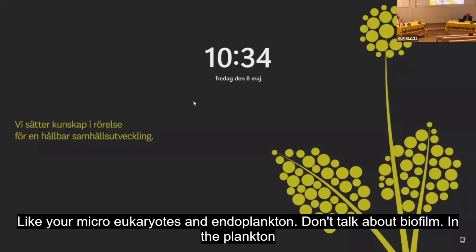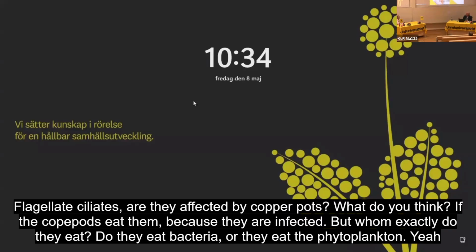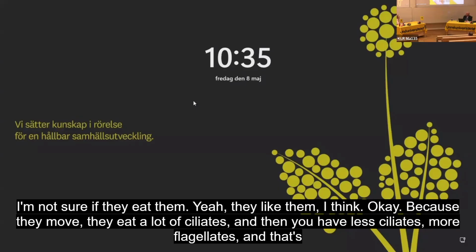In the plankton: bacteria, protists, flagellates, ciliates, are they affected by copepods? Well, what do you think? If the copepods eat them, of course they are affected. But whom exactly do they eat? Do they eat bacteria? They eat the phytoplankton, and heterotrophic protists like ciliates. I'm not sure if they eat them. Yeah, they like them, I think.